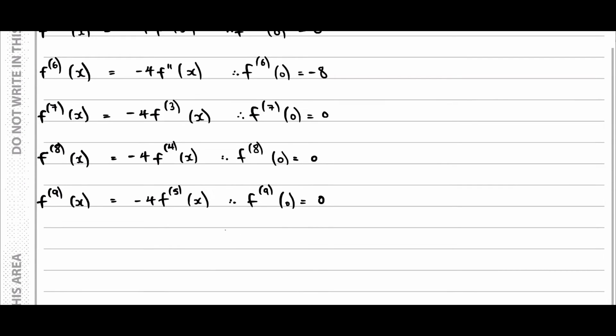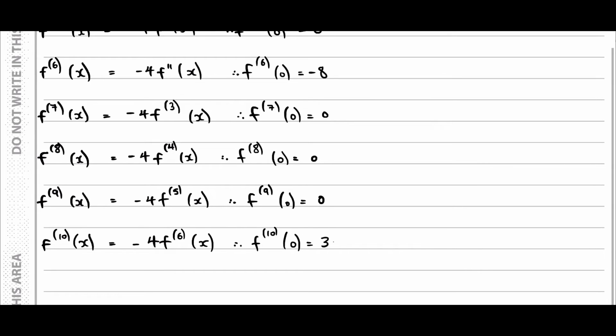And the 10th derivative is minus 4 lots of the sixth derivative. The sixth derivative, we found that to be minus 8. So therefore, the 10th derivative at the point x equals 0, minus 4 times by minus 8, that's 32.